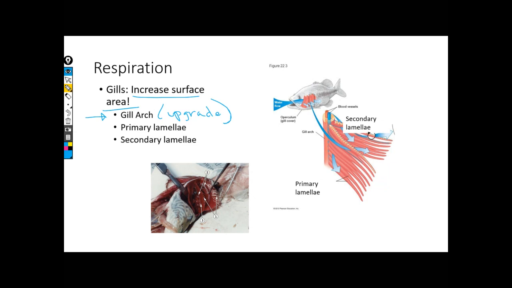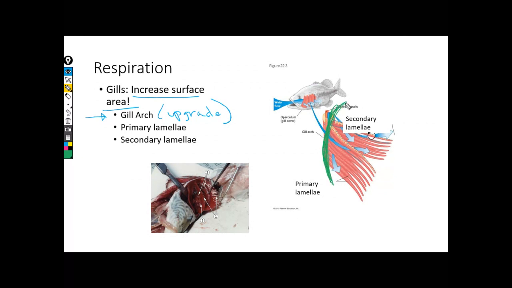So our gill arch, blue kind of stinks. Let's try something that maybe will stick out. Everything kind of stinks. Is this piece here? So we're going to do this bit by bit.